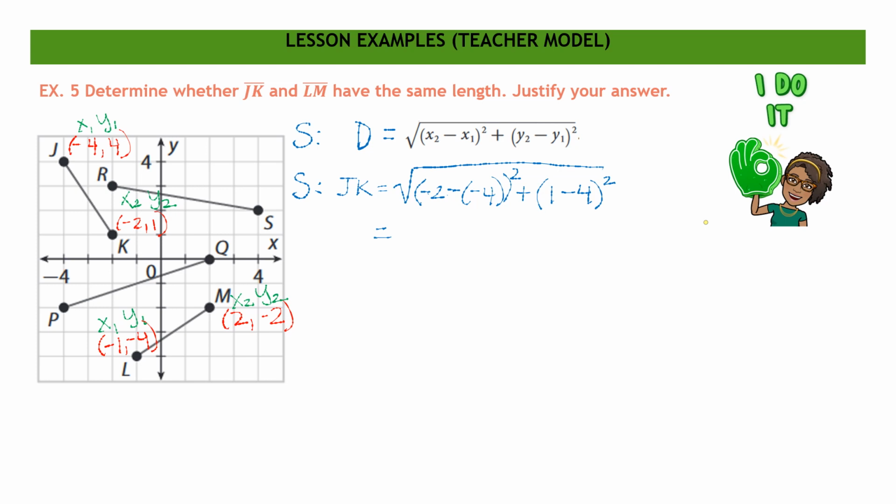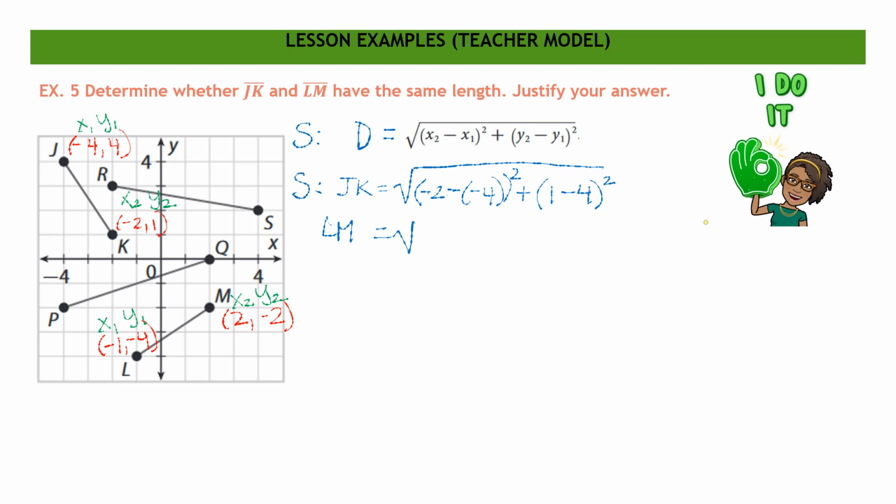We're going to do the same thing for LM. We are also going to substitute for x1 and y1 and x2 and y2.